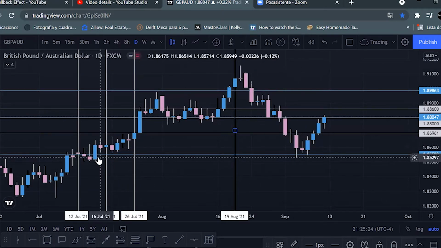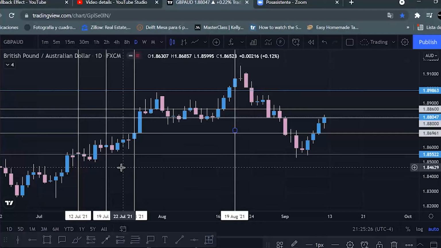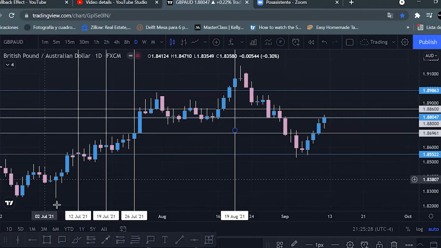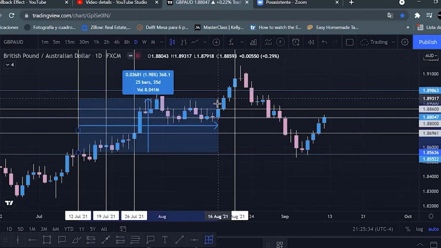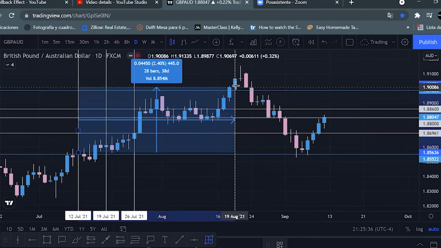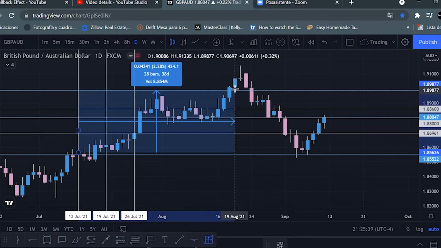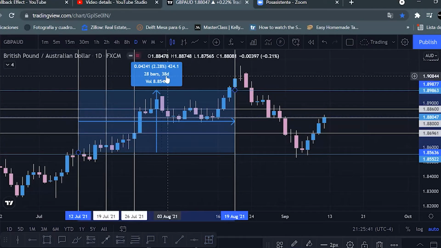As you guys can see, since the day we started, it took about 28 trading days, or 38 calendar days, so about two and a half months, for this whole move up.